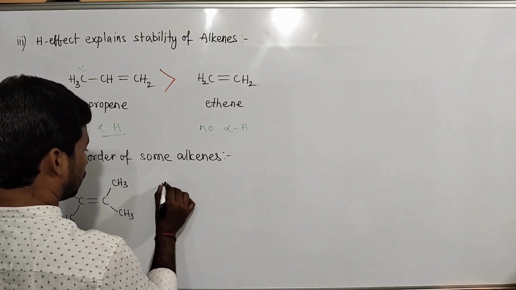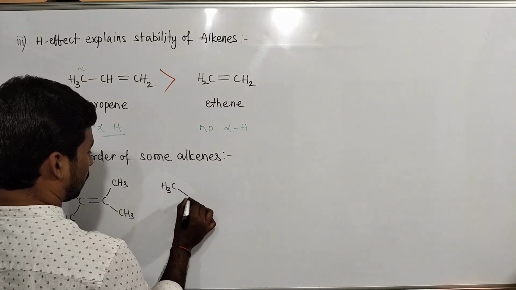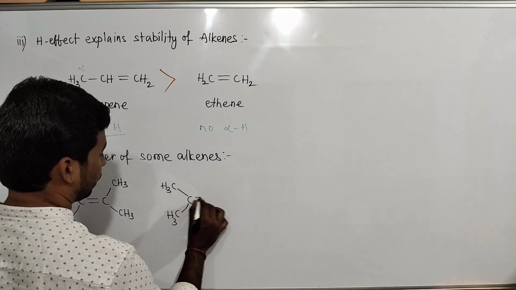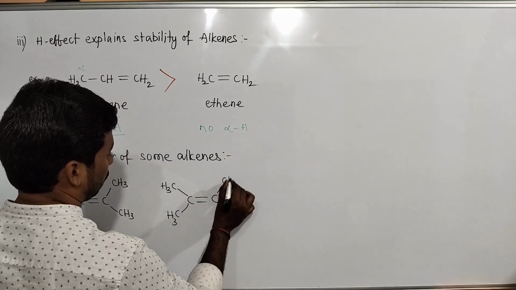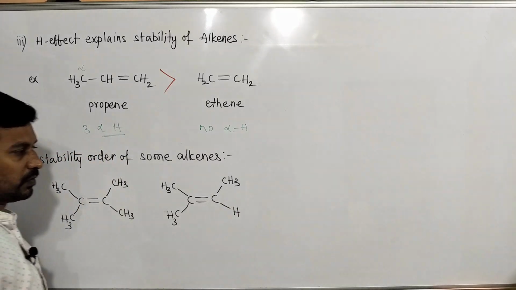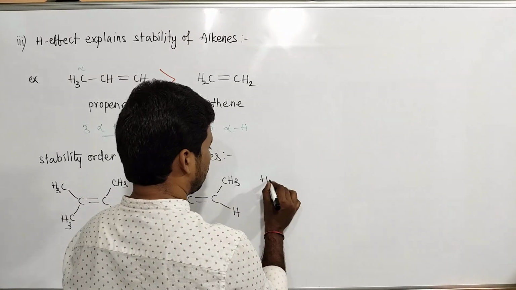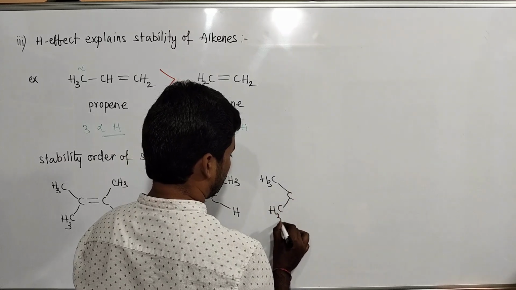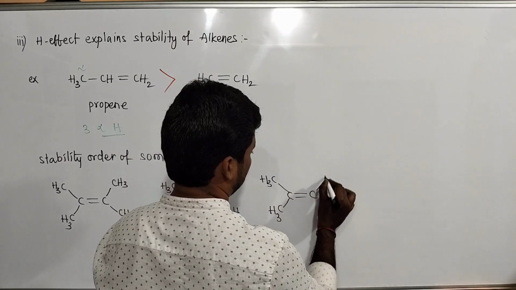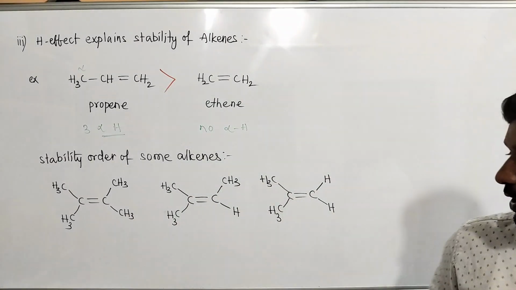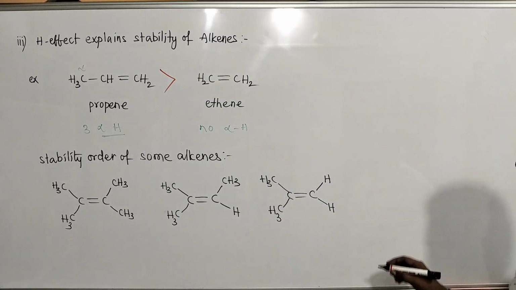When compared to that one, 2-methylbut-2-ene is more stable. When compared to that one, 2-methylpropene, otherwise isobutene, is more stable.